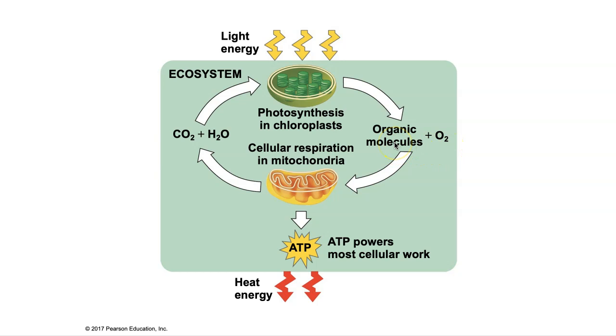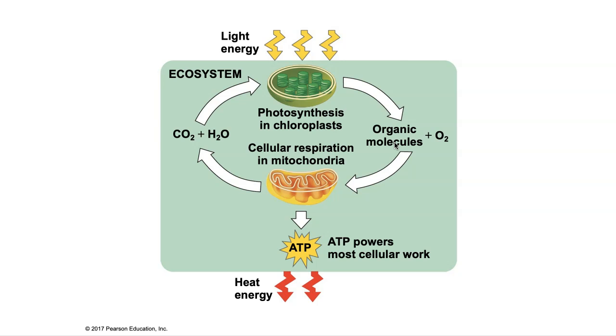And organic, remember, means it's a carbon-based molecule. So the organic molecules we're talking about here are the macromolecules from chapter 5: carbohydrates, lipids, proteins, nucleic acids. So plants are able to steal energy from the sun and turn it into something physical, a molecule that we can use here on Earth.